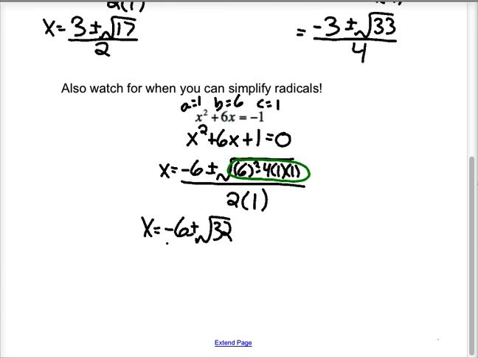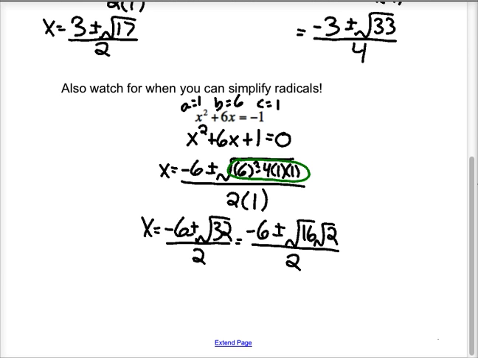Now, we did this when we were completing the square as well. I wanted to remind you that when you can simplify radicals, that is my expectation that you do so. What I mean by that is there's a perfect square that divides 32. 32 is 16 times 2.